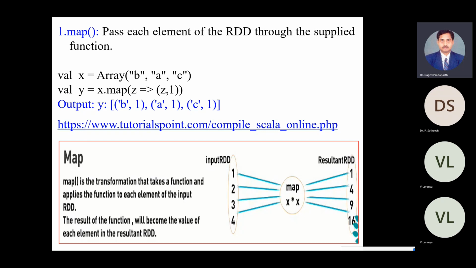I'm getting the output y: (b, 1), (a, 1), (c, 1). Why? Because I am performing the map transformation with the example z is equal to (z, 1). So now I am demonstrating this one.